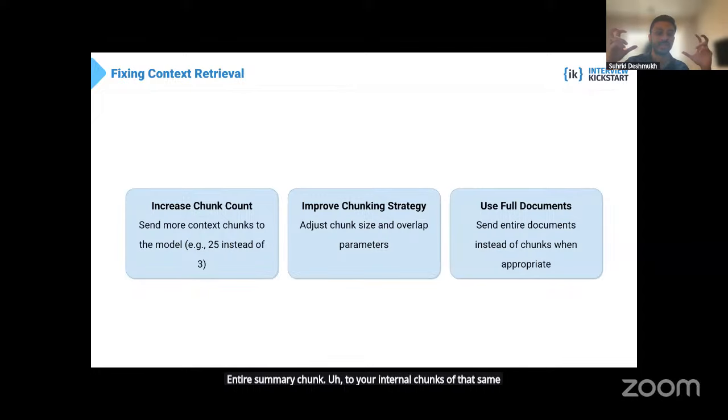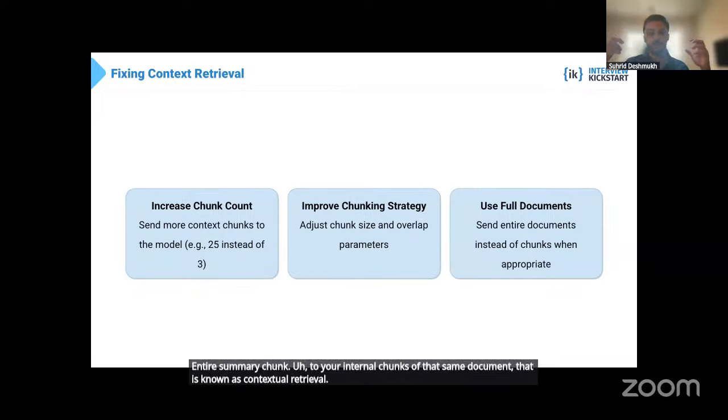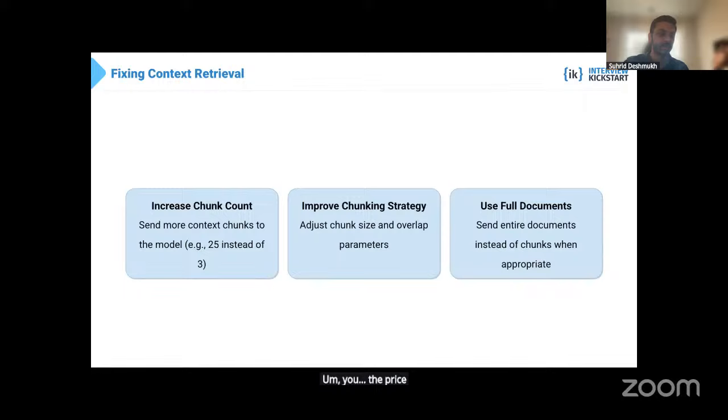That is known as contextual retrieval. The price that you pay there is you expend a lot more compute on memory, storage and processing. The gain that you get is hopefully better retrieval.